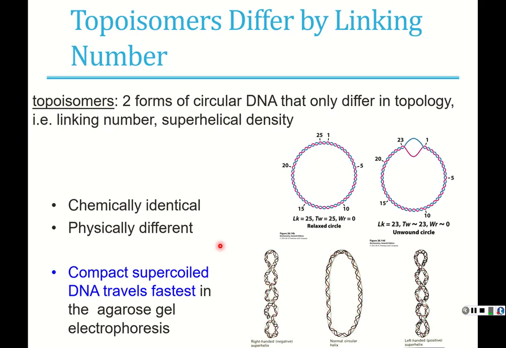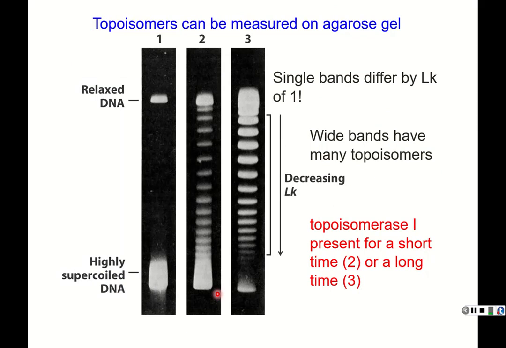Right, you can actually look at the degree of supercoiling in DNA on a gel. Compact supercoiled DNA travels faster in the gel than does the more relaxed DNA, right? Because as you supercoil it, it gets smaller and smaller. The physical size of it kind of comes in compared to what it looks like when it's relaxed. So these could travel faster. Okay, and that's just shown here on this agarose gel.